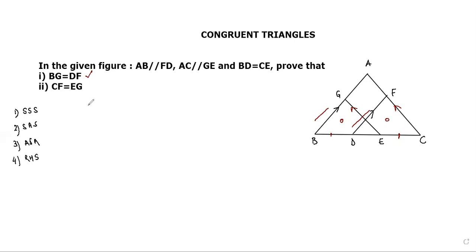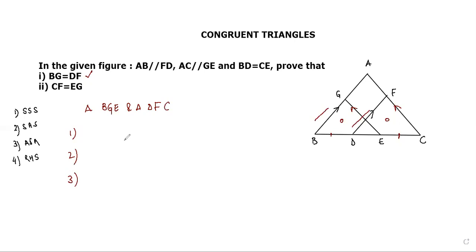So basically we are talking about triangle BGE and triangle DFC. All right, these are the two triangles to focus on. And we need three things, 1, 2, and 3, to prove that they are congruent.